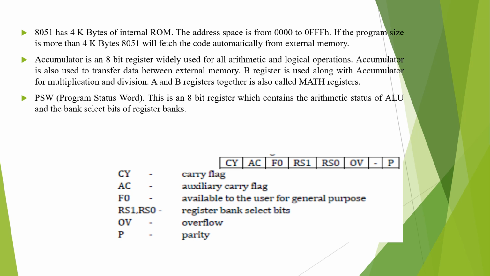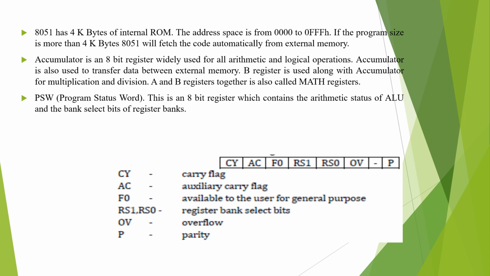First one is the carry flag. AC means auxiliary carry flag. F0 is available to the user for general purpose operation. RS1 and RS0, these two flag bits are used to select the register banks, because we know that four register banks are available in case of 8051.